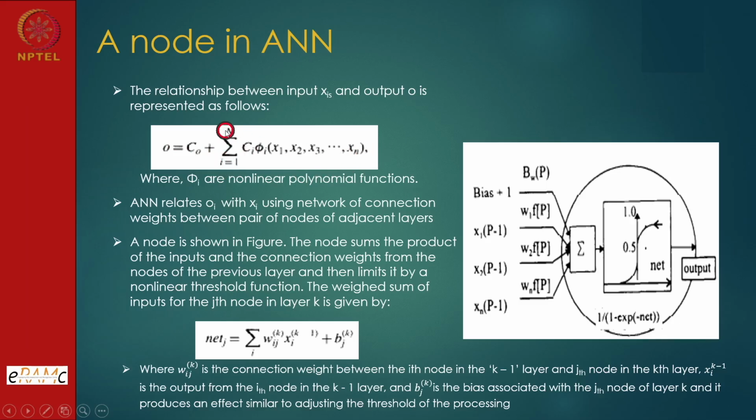There are n inputs, 1 to n, and then the CIE represent the training coefficient and momentum coefficient, and how they are built into the system. Because if we have too fast a training rate, then the ANN architecture will memorize the system and become hard. We would not like to have that. So, all these factors are selected, and of course, it is clear that phi is a non-linear polynomial function.